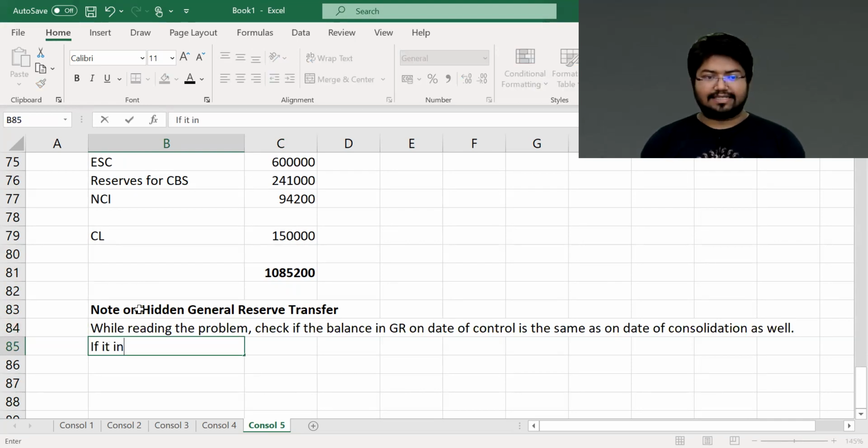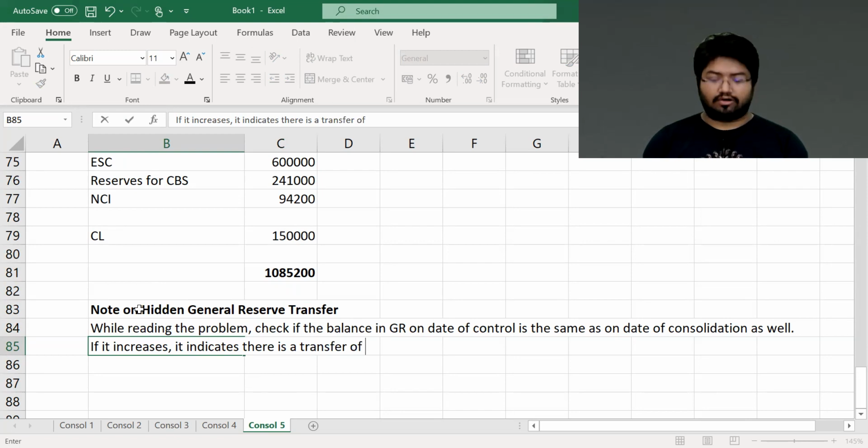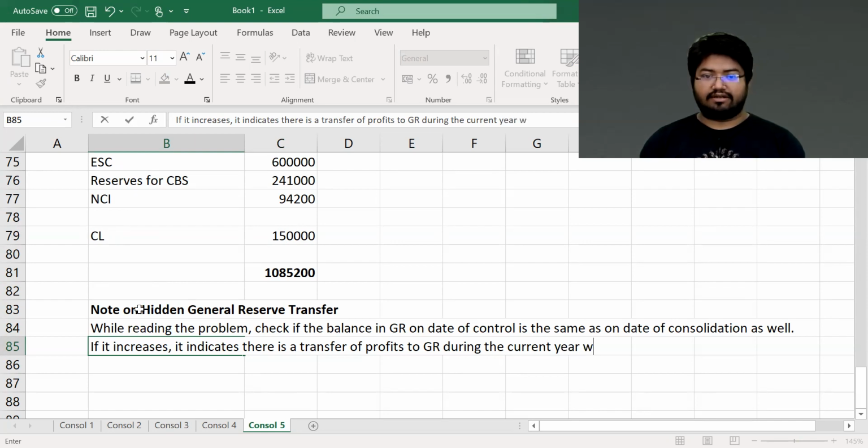If it increases, it indicates there is a transfer of profits to general reserve during the current year, even if no info for the same is mentioned.